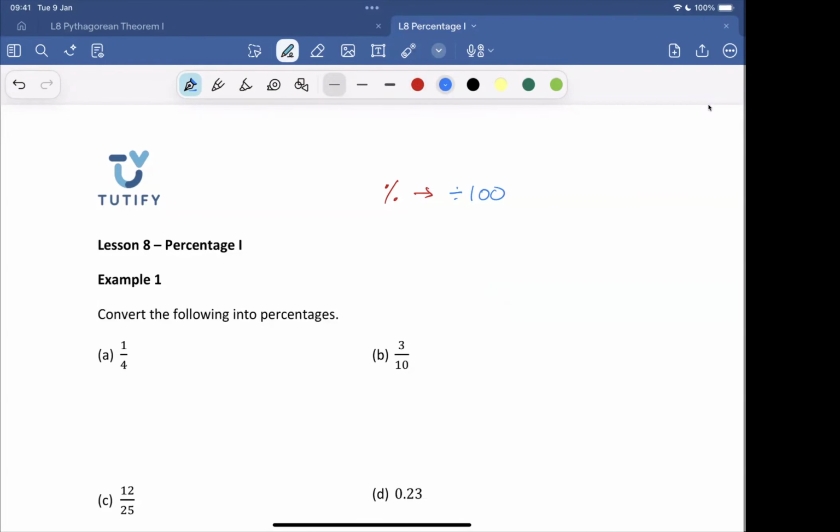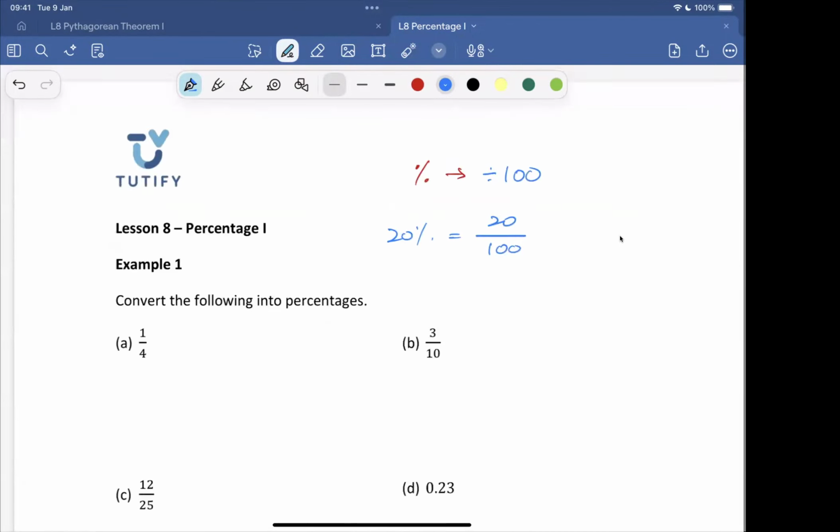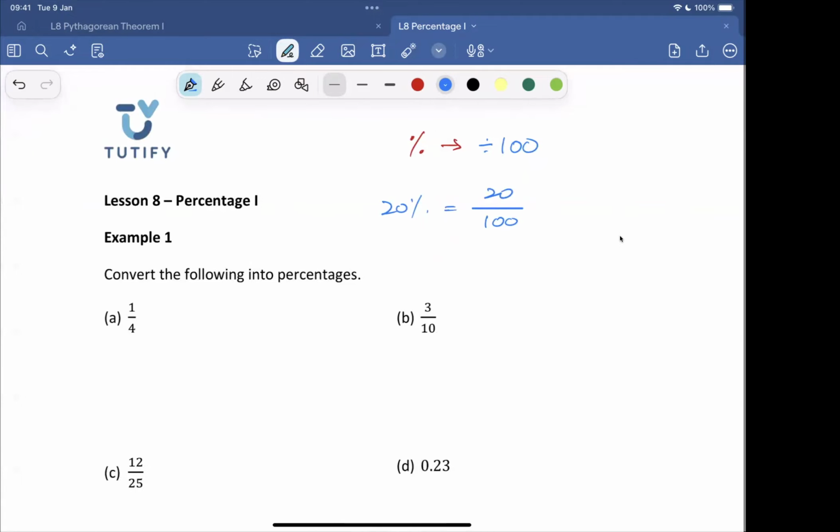There you go. So if you see 20%, it means 20 divided by 100. That's it. It is like a fraction. That's why I say, if you know fractions, you should know how to do percentage, because percentage can directly be converted into a fraction.